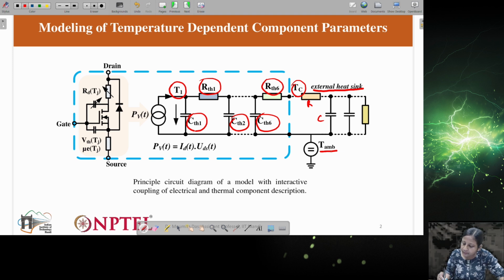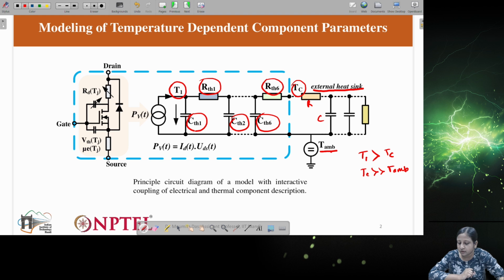This ambient temperature is generally room temperature. So this temperature is going to be the temperature after connecting the heatsink. Tj and T ambient are very different, because Tj will be higher than Tc, whereas Tc will be much higher than T ambient.